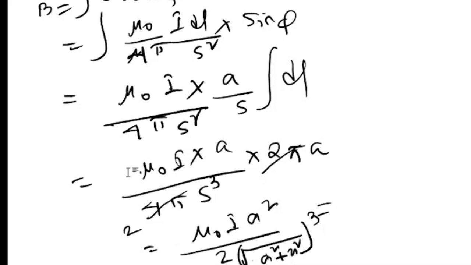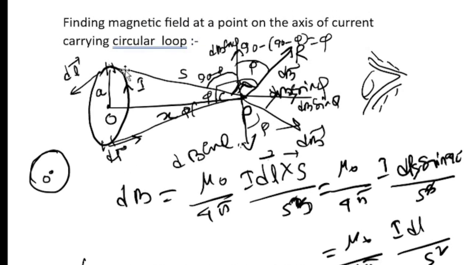देखो फिर से देख रहा हूँ, ये right angle triangle है, in this right angle triangle if it is hypotenuse then it will be under root a square plus x square.